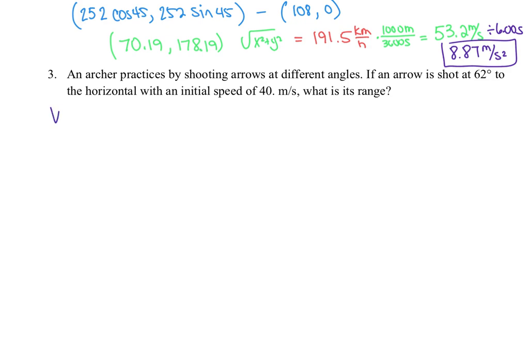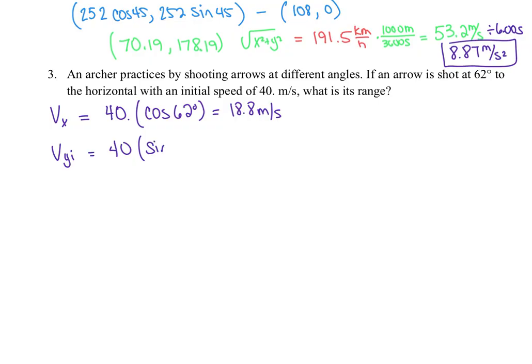Remember, my initial velocity for horizontal is going to be that initial velocity of 40 meters per second multiplied by the cosine of the initial angle that it gave me. My initial y velocity is going to be the same thing, but I am going to use my sine.